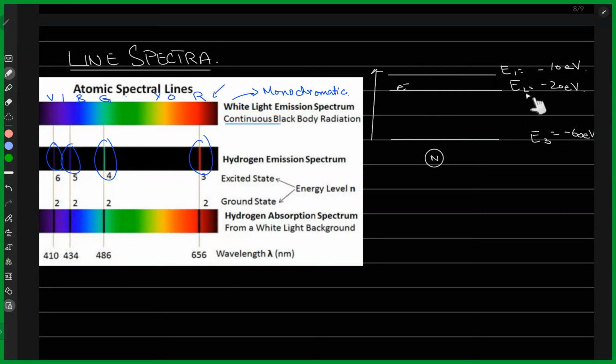What it can do is radiate a photon, emit a photon, which corresponds to the emission spectrum. So it radiates a photon outwards. Once it does that, it is releasing energy. So some energy is being lost from this electron, so it drops to a lower energy level.